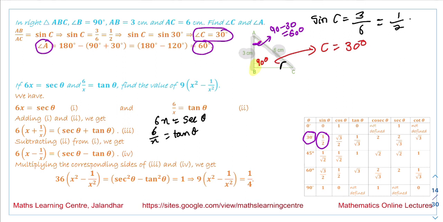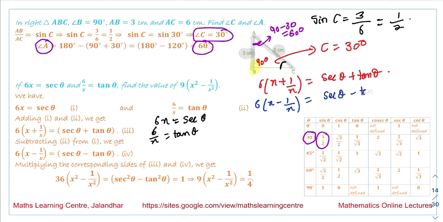If we add both these equations, we will get 6 times x plus 1 by x, that is equal to secant theta plus tan theta. If we subtract both these equations, we will get 6 times x minus 1 by x, that is equal to secant theta minus tan theta.